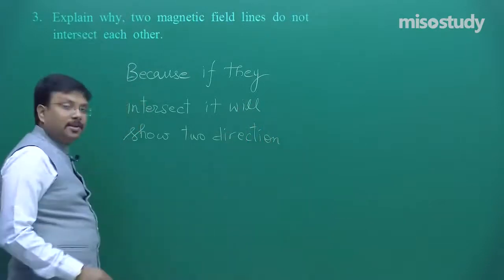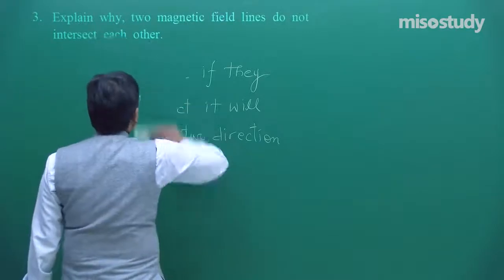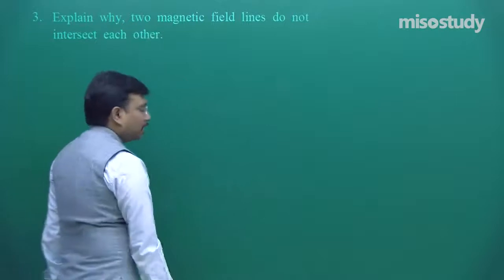Because of this reason, two electric lines of force, two magnetic lines of force never ever intersect each other.